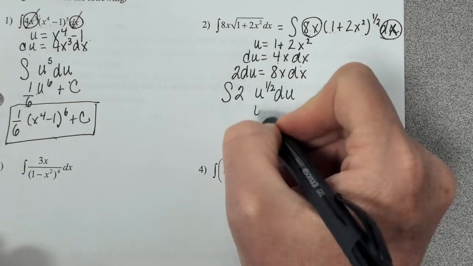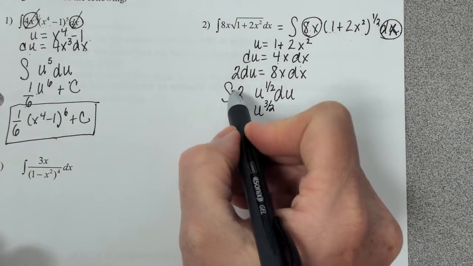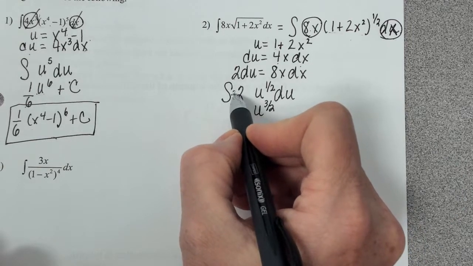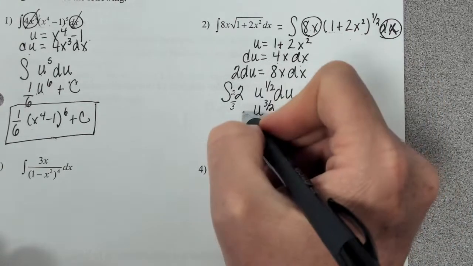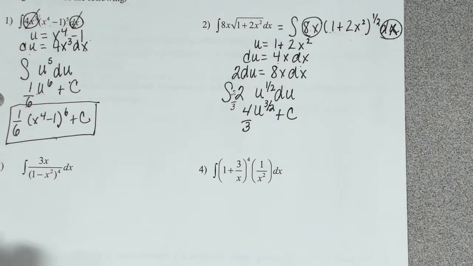Good. So I add 1 and I get 3/2. Then I had to multiply by the reciprocal, so I had to multiply by 2/3, and that's 4/3 plus c.